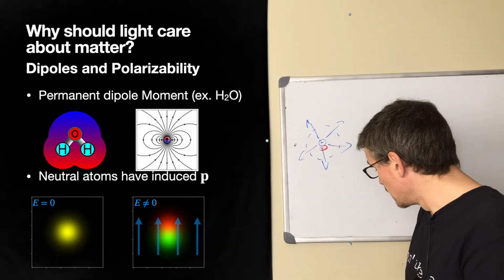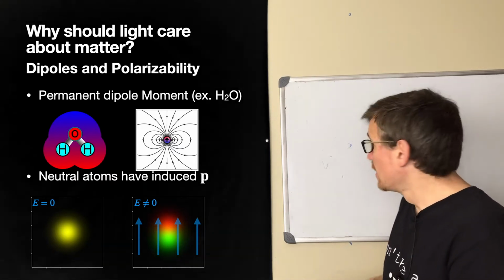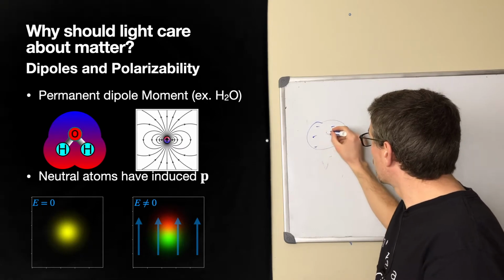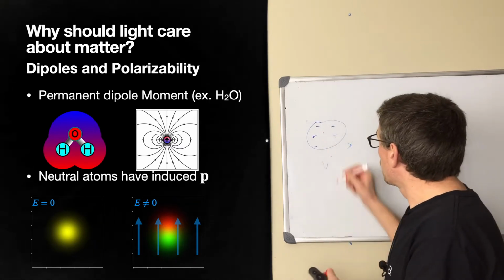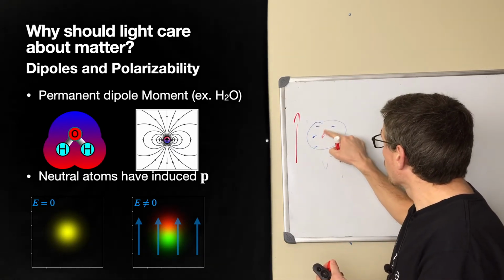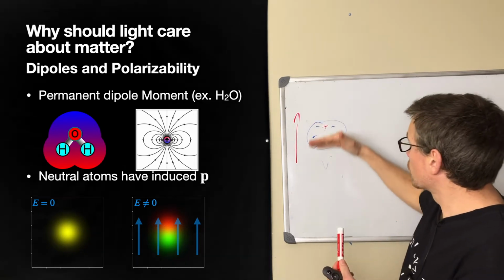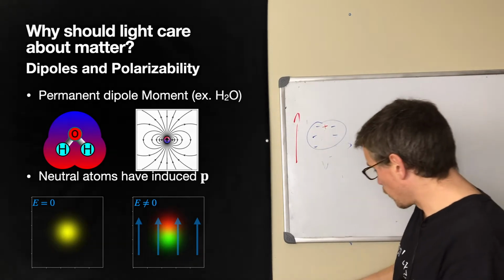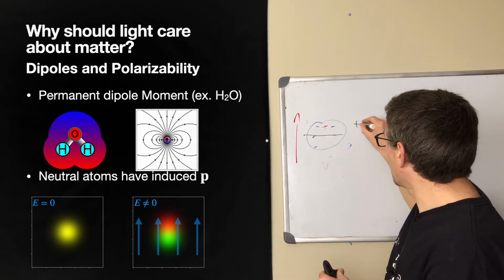Effectively, we can think about an atom like a negatively charged shell with some positive core, and if we apply an electric field this way, the positive core will move up along with it, the negative charge will move down, and if we draw a line here, we're going to have slightly more charge above than below, and then we're going to have our dipole moment.